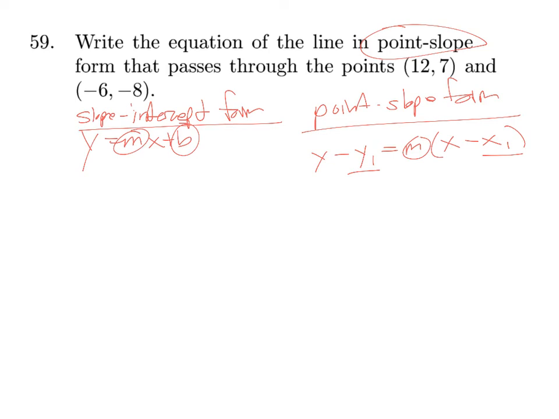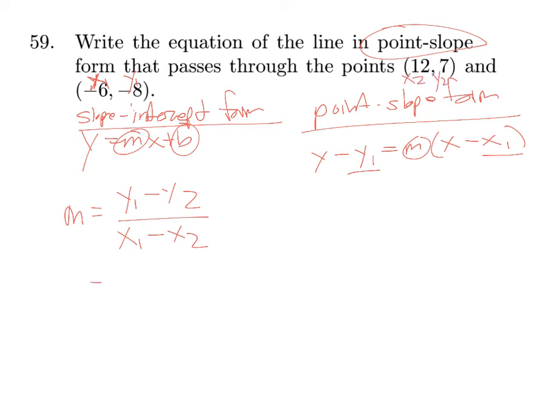All right, piece of cake. First, we figure out the slope. So m is equal to y1 minus y2 over x1 minus x2. x1, y1, x2, y2.